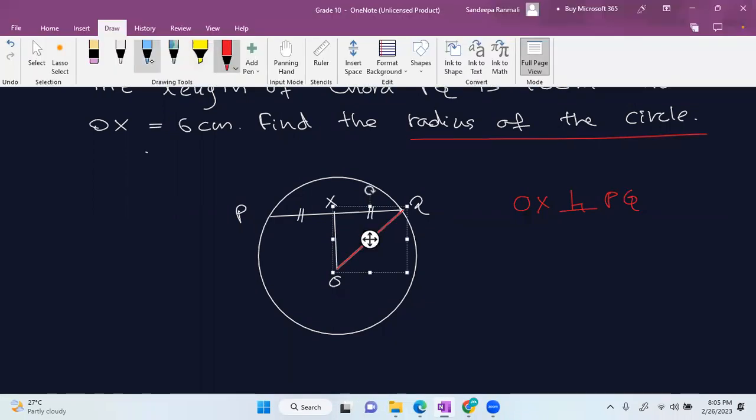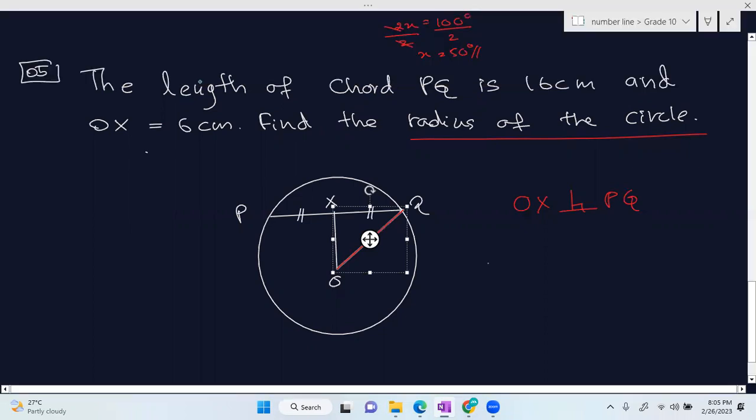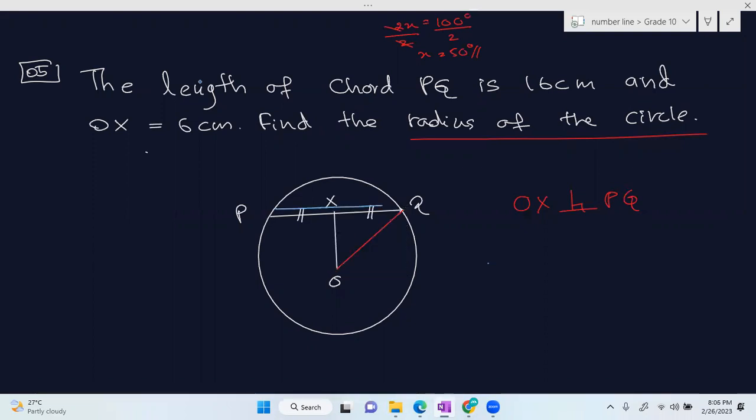The length of PQ is 16 centimeters, no? What is PQ? It is 16 centimeters. Then they have given X is the midpoint of PQ.